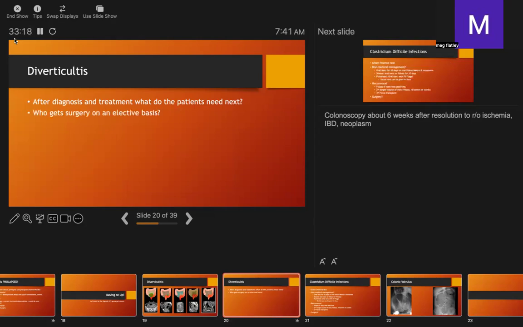Who gets surgery on an elective basis? Yeah, it's totally individualized.